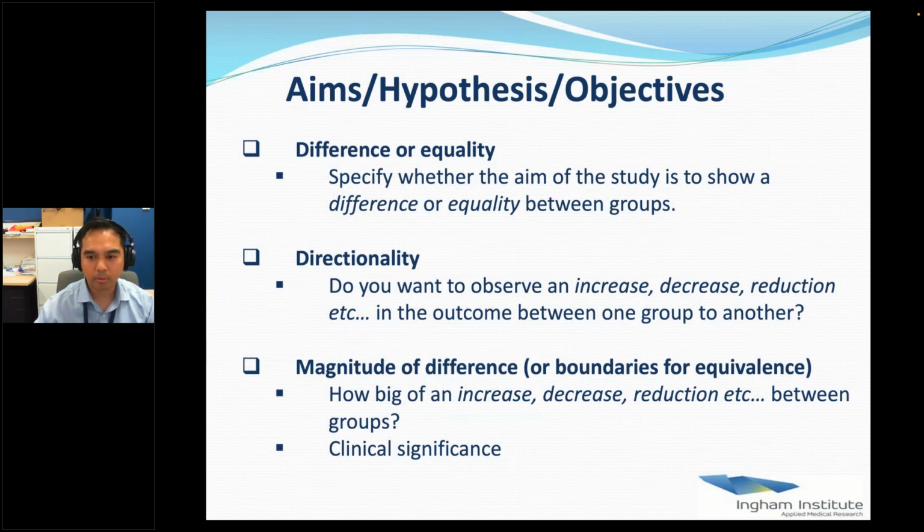The first thing I look for is: have you specified whether the purpose of your study is to prove that there is a difference between groups of patients, or before and after a treatment, or are you trying to show that some outcome is similar or equivalent between two groups? I know this might sound trivial, but it has implications for the sample size, for the statistical analysis, and for how you interpret your results. I'll show a very quick example of equivalence in a few slides.